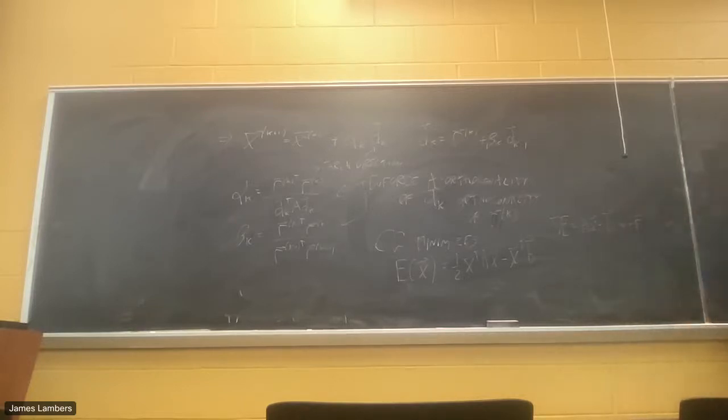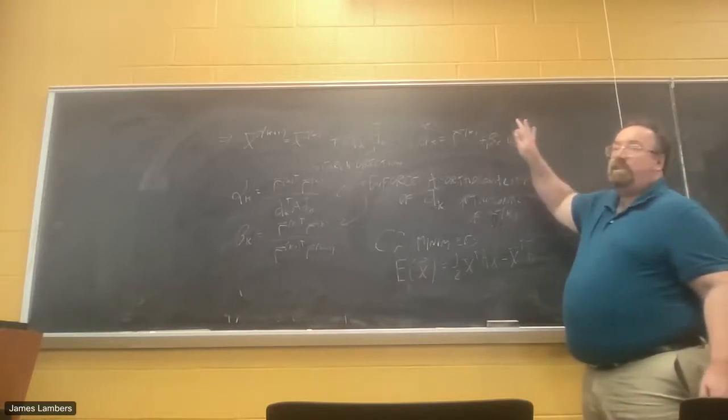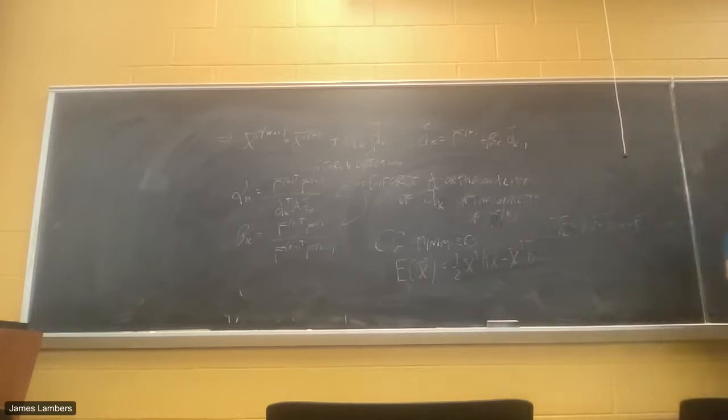Now you may remember from multivariable calculus that the negative gradient is the direction of steepest descent. So the method of steepest descent simply uses r as the search direction. If I just left this term out, I would have steepest descent. But steepest descent doesn't work well when A is ill conditioned.